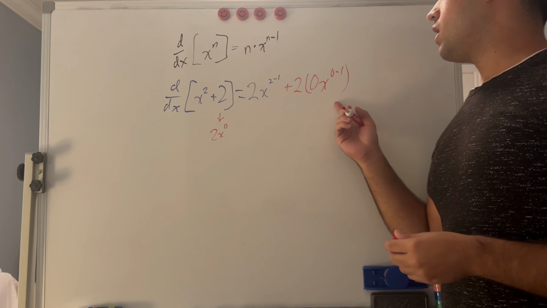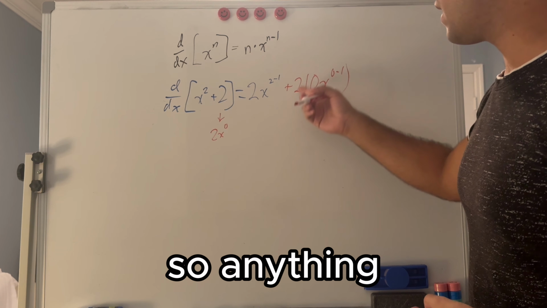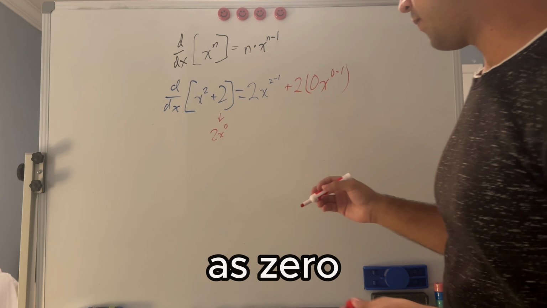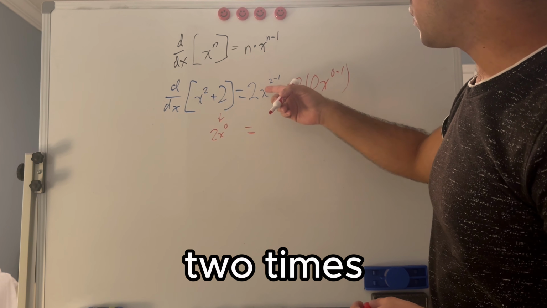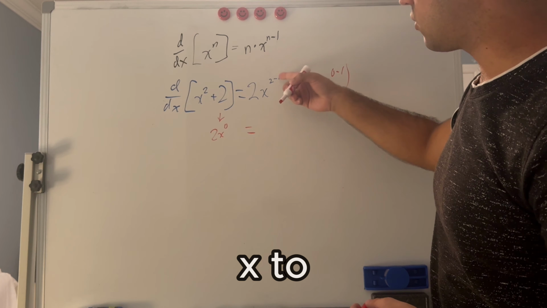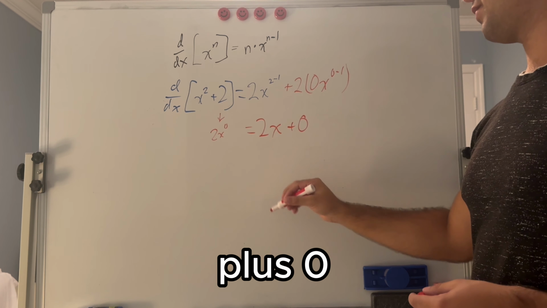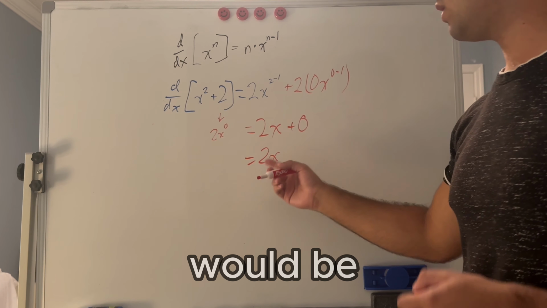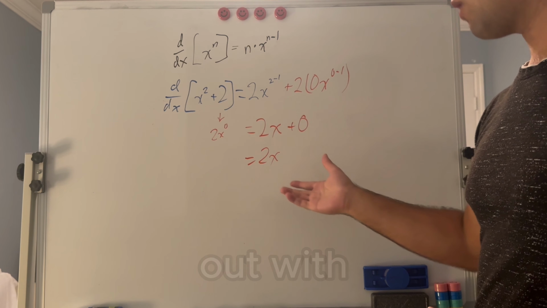Now, we're multiplying by 0 here, so it will just end up as 0. And then we have 2 times x to the 2 minus 1, 2 times x to the 1, so that's just 2x, plus 0, meaning that our derivative of this function would be 2x, which checks out with what we had earlier.